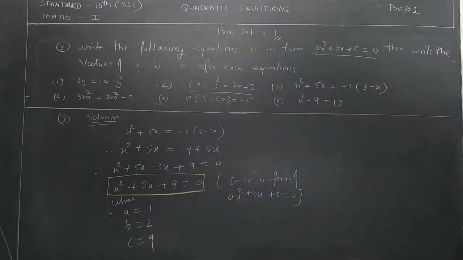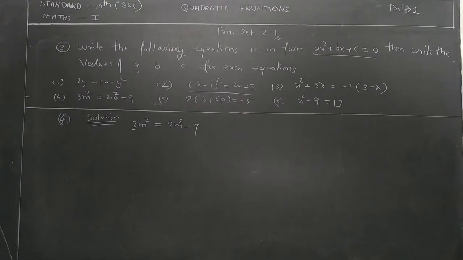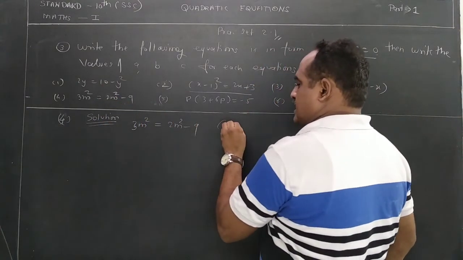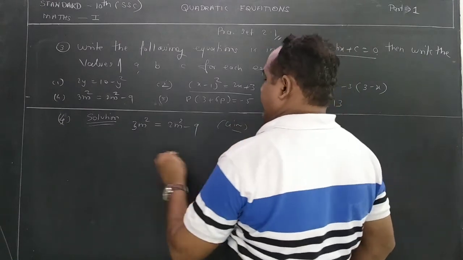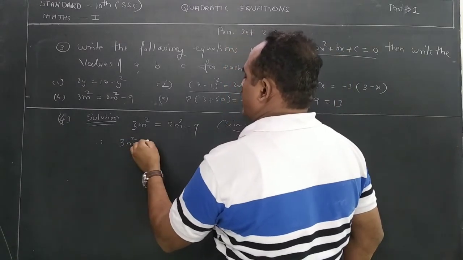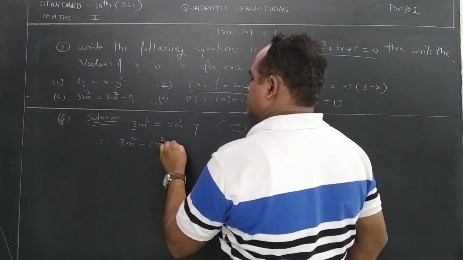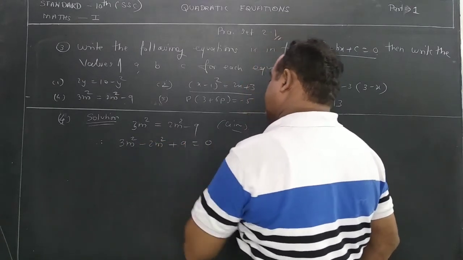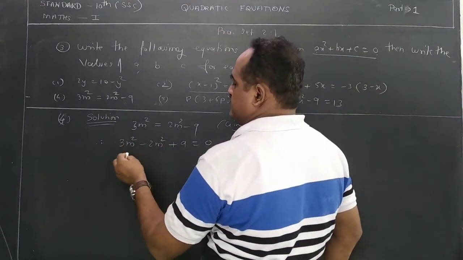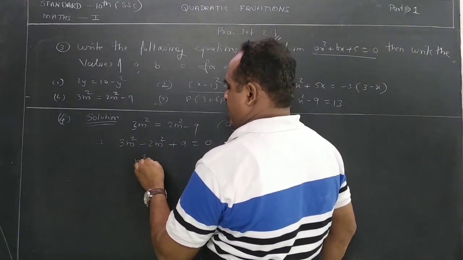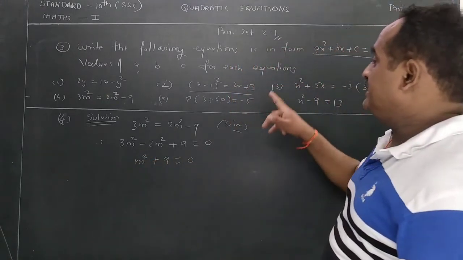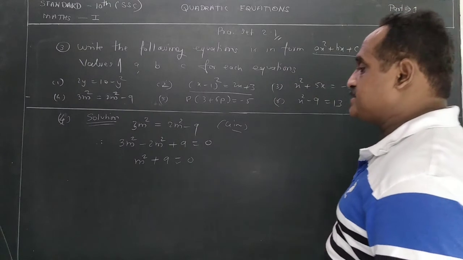Got this. Now question number 4: 3m square is equal to 2m square minus 9. It is given. You just have to rearrange it. 3m square, if I transfer to that side, minus 2m square plus 9 is equal to 0. But they are similar terms. 3m square minus 2m square is 1m square, plus 9 is equal to 0. But it is not in the form ax square plus bx plus c.